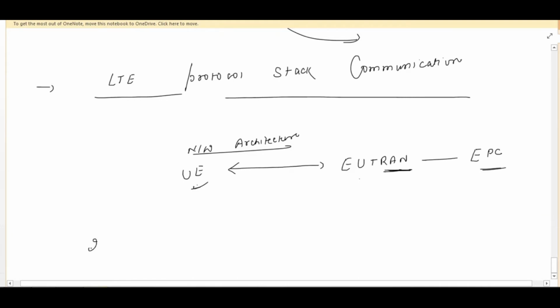In 2G, your mobile was known as the MS, mobile station, and the RAN was known as the GRAN, GPRS Edge Radio Access Network, and the core network.